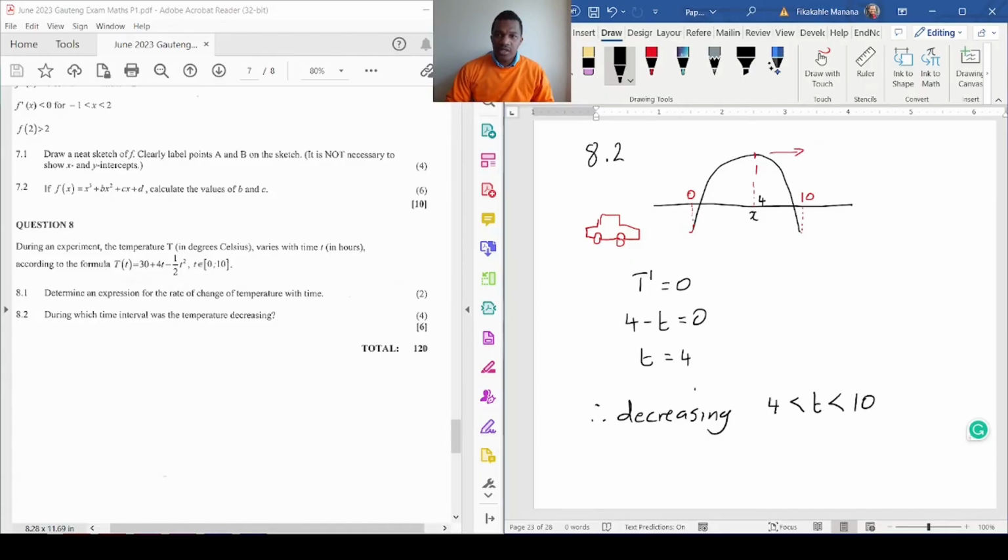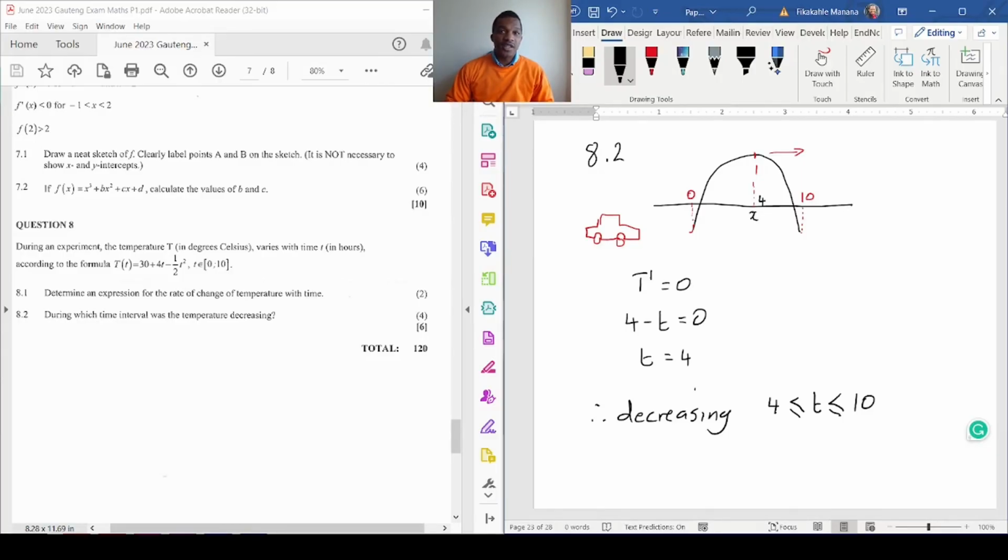Or you can say, because sometimes these square brackets mean included, you can include it if you want. They won't mark you wrong if you do this. It's still fine. There's still a debate going on out there amongst the maths teachers and the experts whether you should include the turning point when this function starts decreasing.